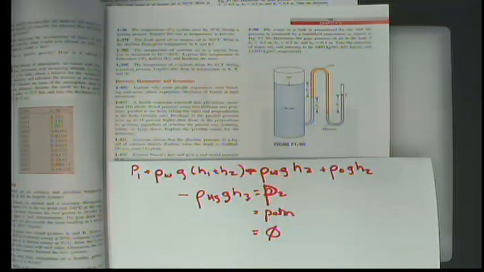I'm still confused about what you did with H2 with respect to water. Okay, how about if we just say the water here is H1 below the interface. Then it's just P1 to get to here plus rho g H1. What I did was I said really the column is this, so I added both of these together, which I said were H2 and H1.